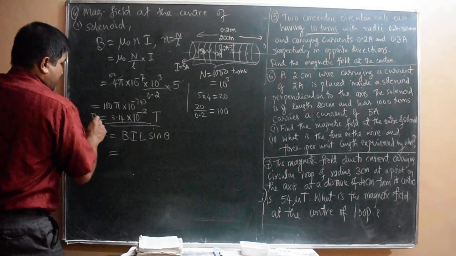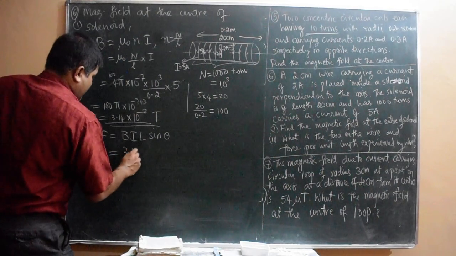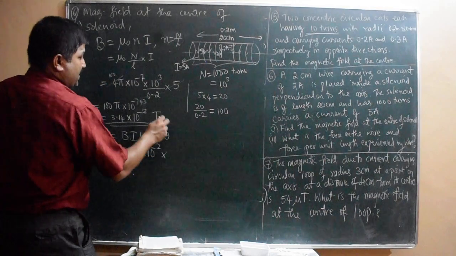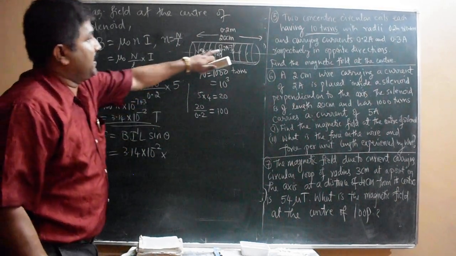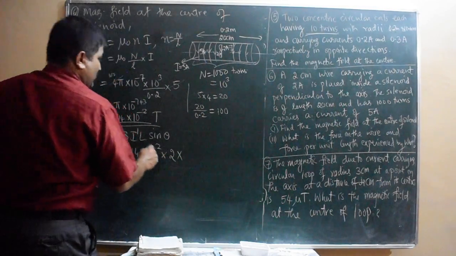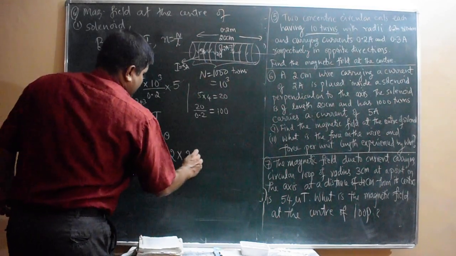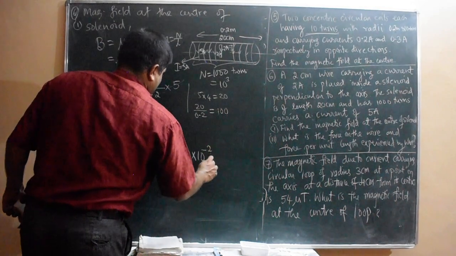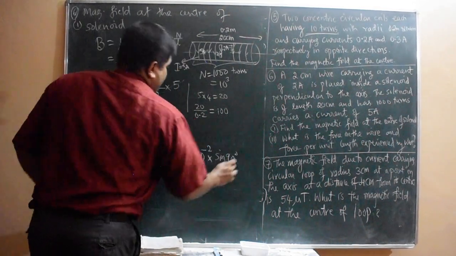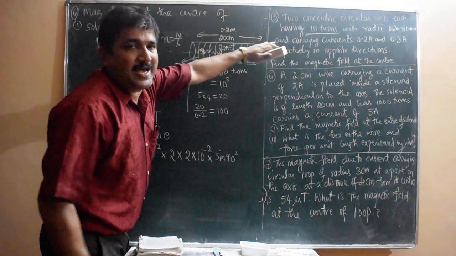The magnetic field is the field produced by the solenoid, 3.14 into 10 power minus 2, into I dash, the current in the wire, not in the solenoid. Then the length of the wire, 2 centimeter, is 2 into 10 power minus 2. Then sin theta is sin 90 degree, because the wire is perpendicular to the axis.